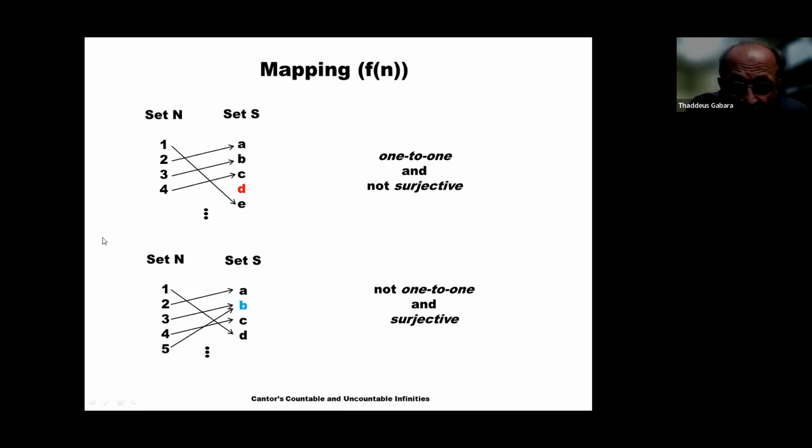So let's take a look at some mappings first, because this will help us introduce ourselves to one-to-one correspondence, which will be a very dominant feature that Cantor developed and combined with these infinity sets. Here we have a set on the left, N, and a set on the right, S. Let's say the set N are the natural cardinal numbers, for example.